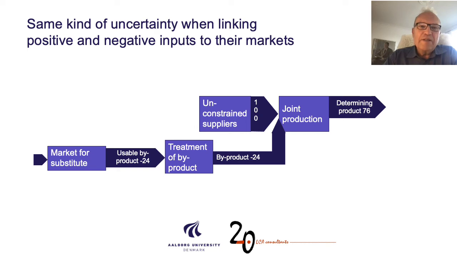So it's the same kind of uncertainty that you have when you link positive and negative inputs to their markets. If you know how to deal with uncertainty of your unconstrained suppliers, you also know how to deal with the uncertainty of market substitutes. Whether you put a minus sign in front or not, the uncertainty doesn't change. It is only the sign of the actual flow that changes.